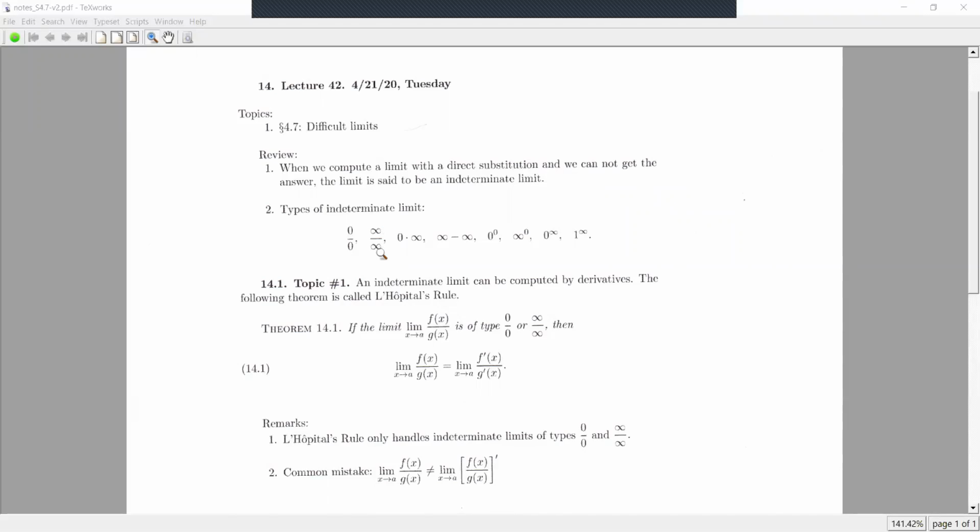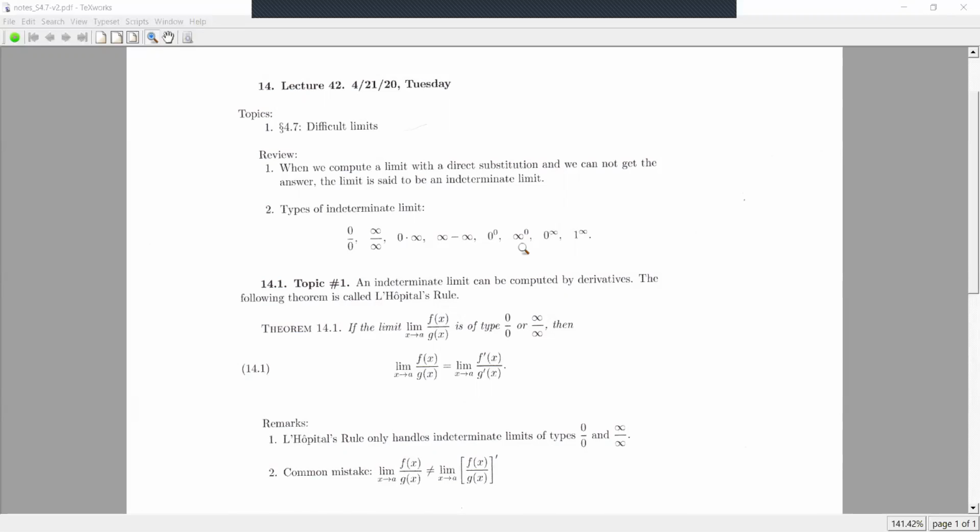Similarly, infinity over infinity, 0 times infinity, infinity minus infinity, 0 to 0, we cannot determine what they are. 0 to 1 million, we can determine it is 0. 1 million to 0, we can say it is 1, but 0 to 0, we don't know what that is, okay?